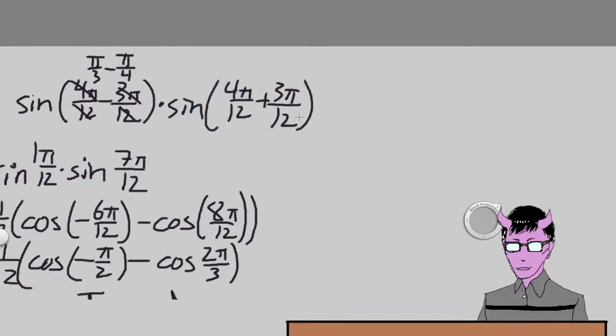Let's get the expansion right away. So let's do this one first. Sine, cosine, cosine, sine. Sine keeps the same sign, so it's minus, and then cosine, sine.